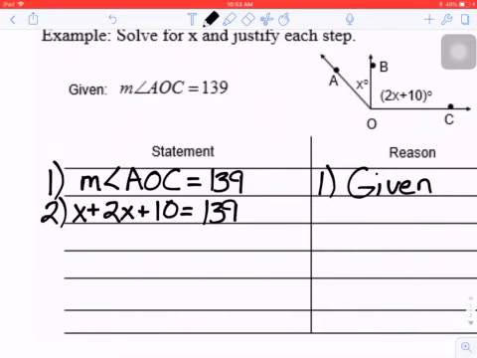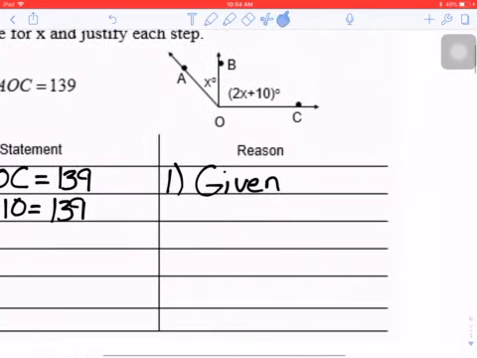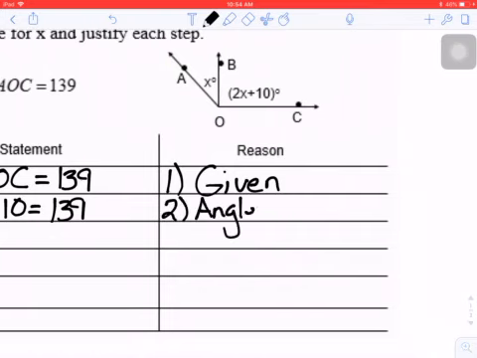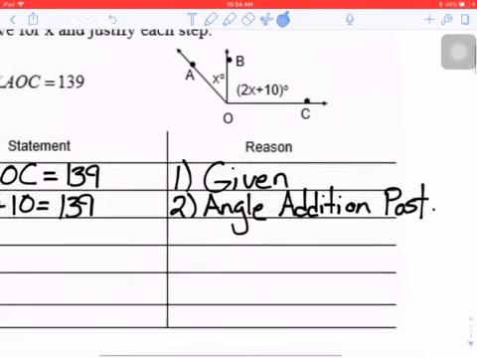And I'm allowed to say that because of that new postulate we just learned. It's called the angle addition postulate, because we're dealing with an angle, and if we add the two things inside, we get the whole. And I'm just going to use POST for postulates, because remember, mathematicians are lazy people.